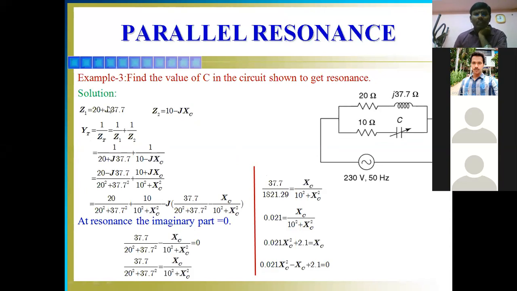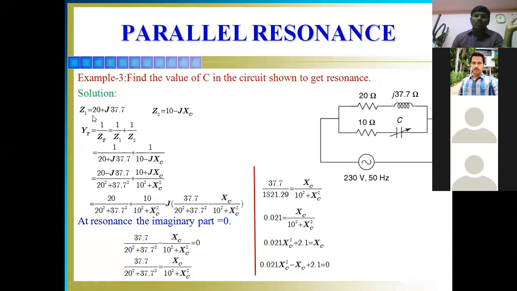Now see. Find the value of C in the circuit shown to get resonance. Here 20 ohm, j37.7 ohm, 10 ohm, C. As usual, calculate the impedances of the two branches. These two are in parallel.